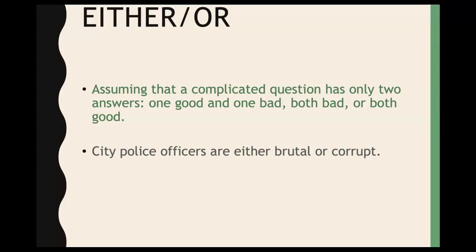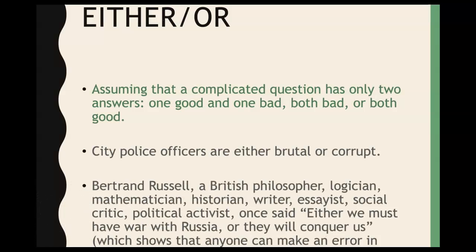So city police officers are either brutal or corrupt. Well, we know that maybe they're neither. We know that some of them might be brutal. We know that some of them might be corrupt. But we're looking at it as it's either this or this, which we know is too simple to refer to in that way. And this is my favorite example.